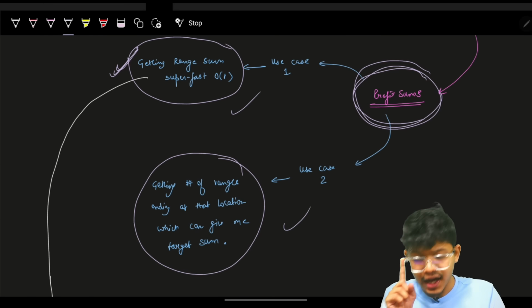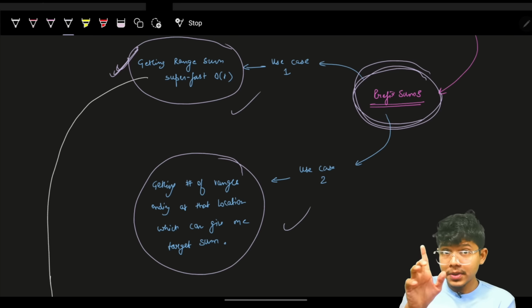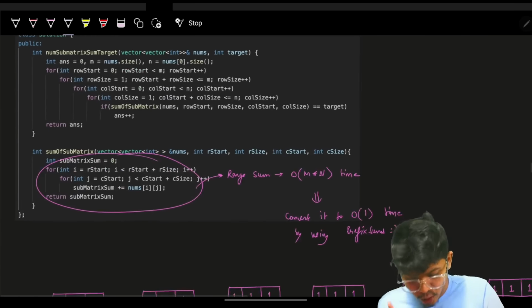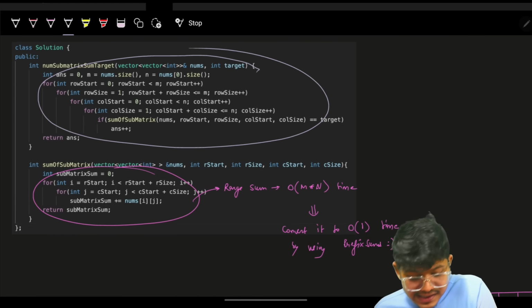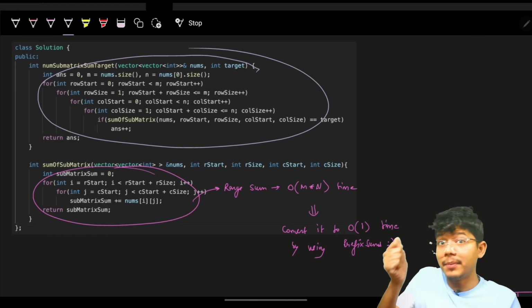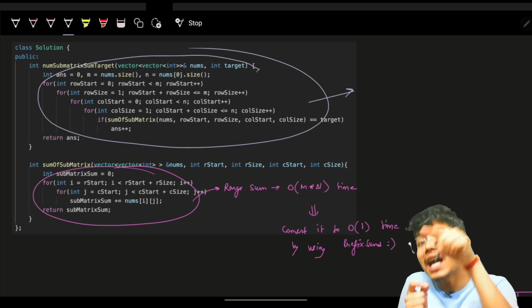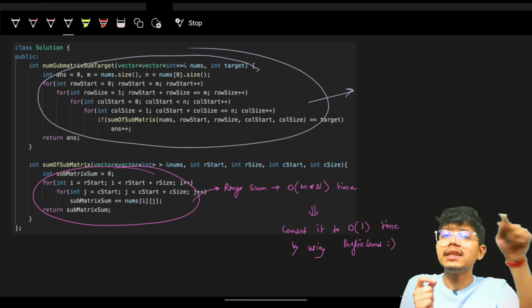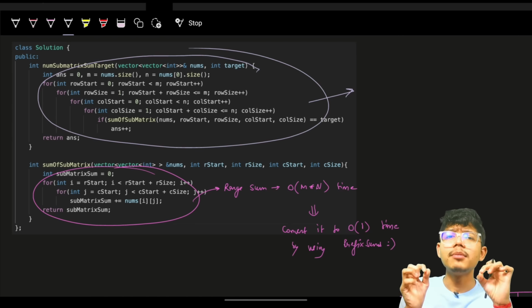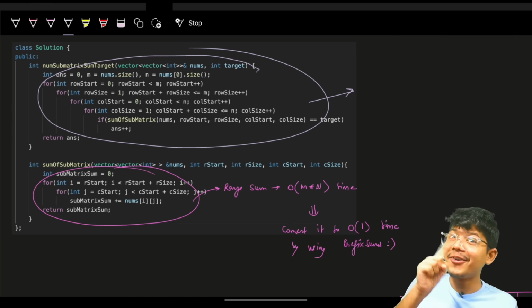So now Aryan, how would you know that you want to use it? Because if you remember, our main problem was that we were going over all these submatrices. We were generating all these submatrices, and when a submatrix is generated, we were going and finding the answer, as in the range sum for that submatrix.